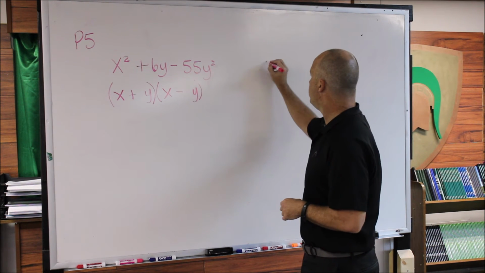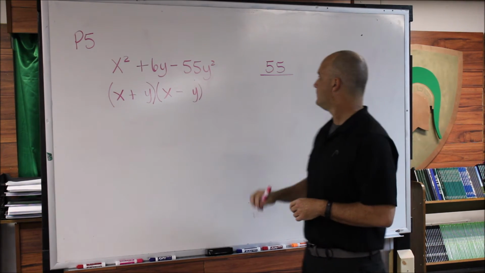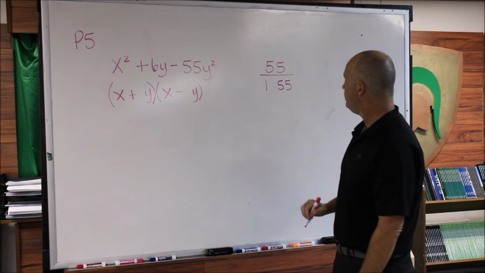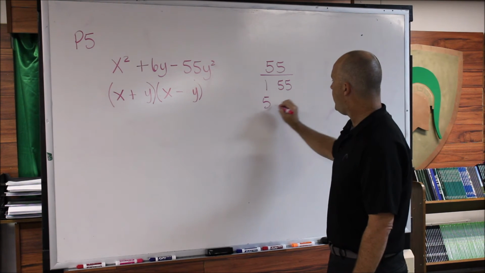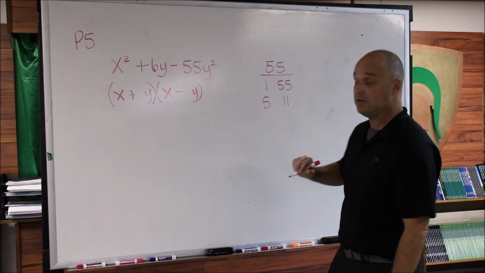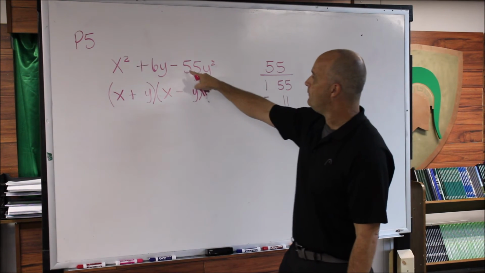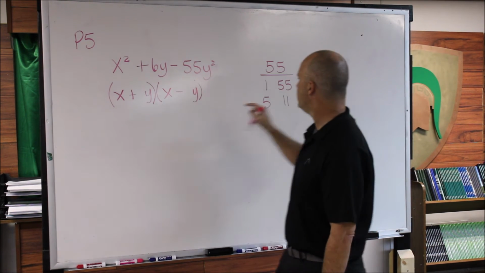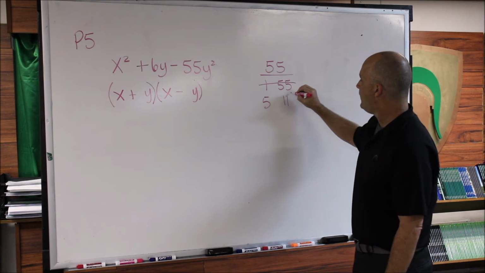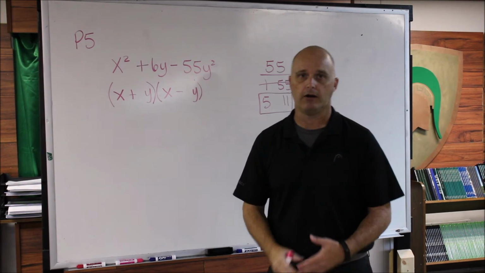So you're going to say, what are the factors of 55 that subtract to 6? The factors of 55 are 1 and 55, and 5 and 11, and that's going to be it. 55 minus 1 is 54, 11 minus 5 is 6, so I know that this is going to be the factor pair.